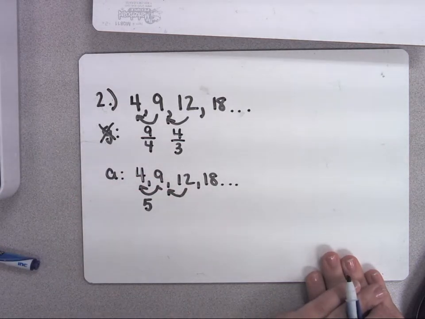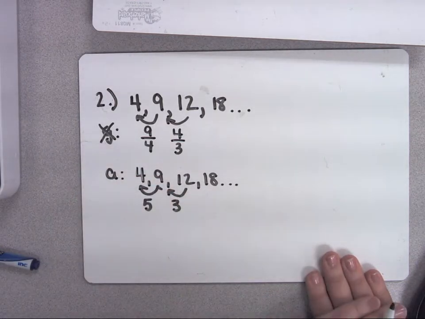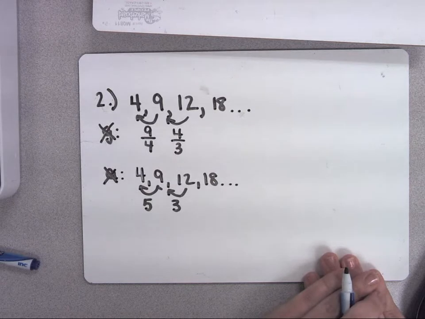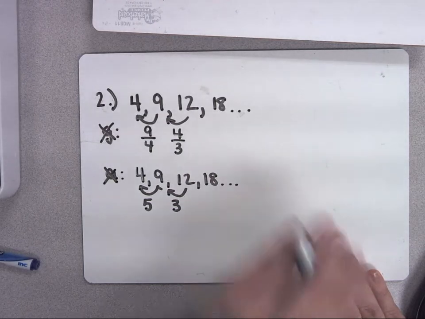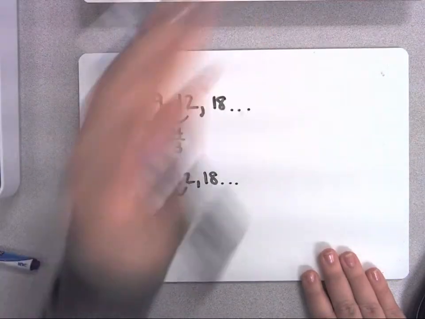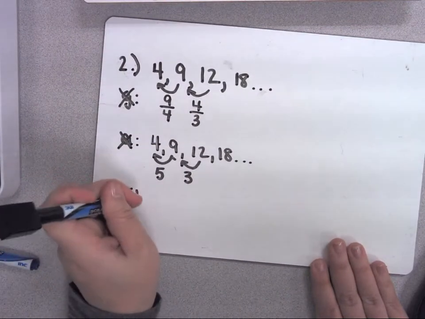Are those the same? Is 5 and 3 the same number? Heck no. So is this geometric or arithmetic? What answer are we going to write? Look back at the instructions. Neither. It is neither.